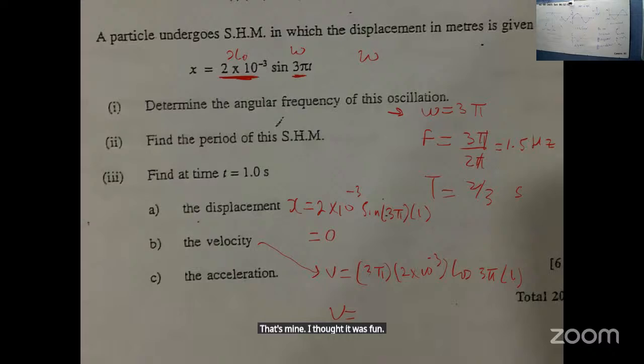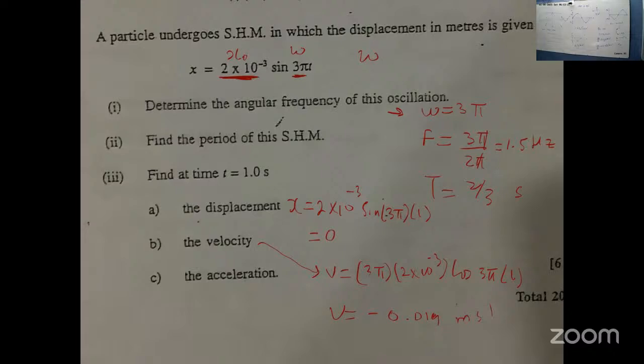Make sure it's in radians, right? Yeah, it might be minus. But 3 pi, 1 pi, 2 pi, yeah, the answers are the same. So it's minus 0.019. Alright.